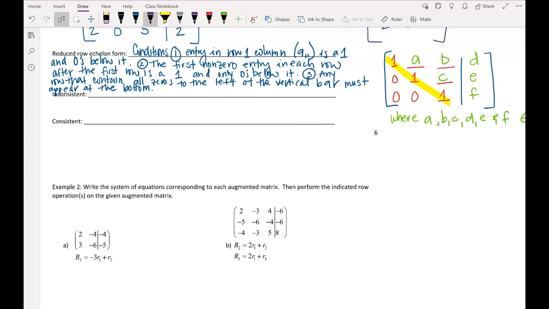That means you have no answers, okay? Inconsistent is when the system of equations don't meet, aka no solution.